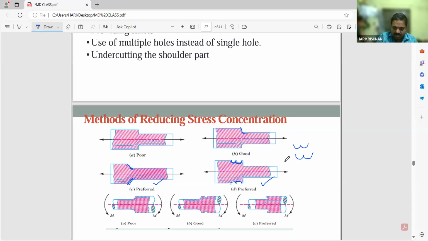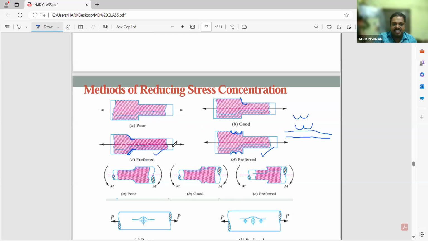So that it can show that there is a change in area. Okay. So that it can reduce the stress concentration. Now these are the methods of reducing stress concentration. In the case of holes also, you do like this. You can see without providing sharp corners, you can provide corners with some bend, so curve, etc.